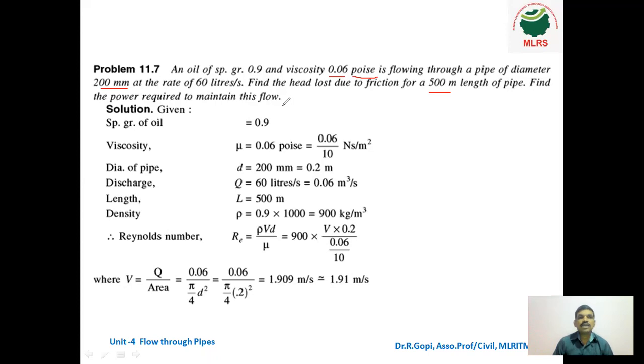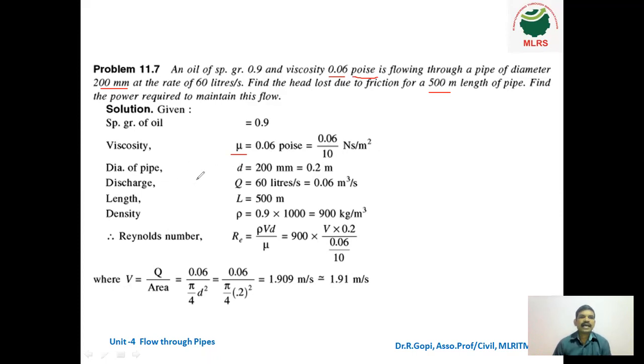Next, viscosity is 0.06 poise. The viscosity symbol is mu, and we must convert poise into Newton second per meter square, so 0.06 divided by 10 Newton second per meter square.